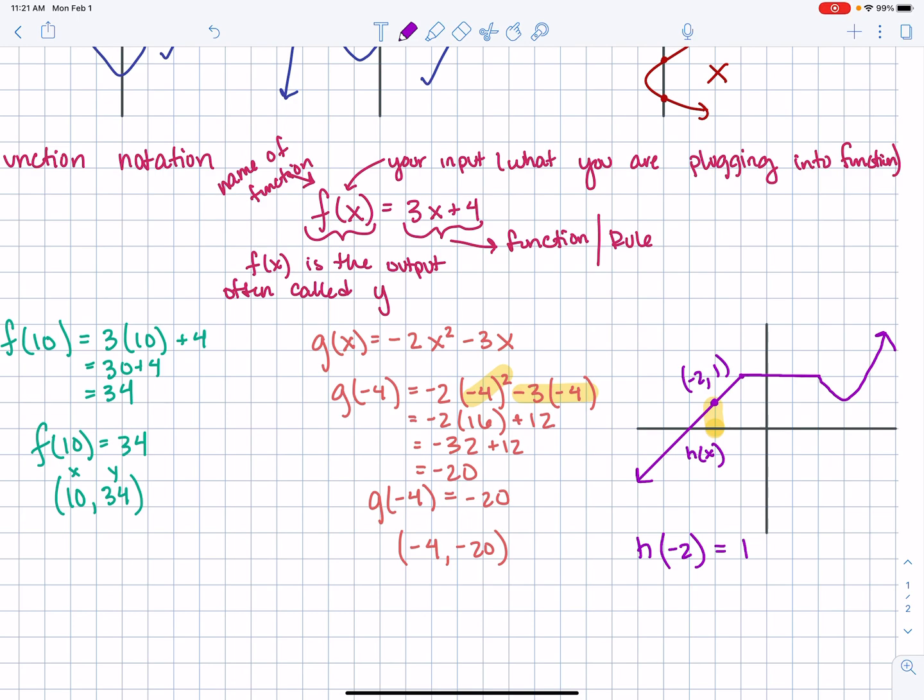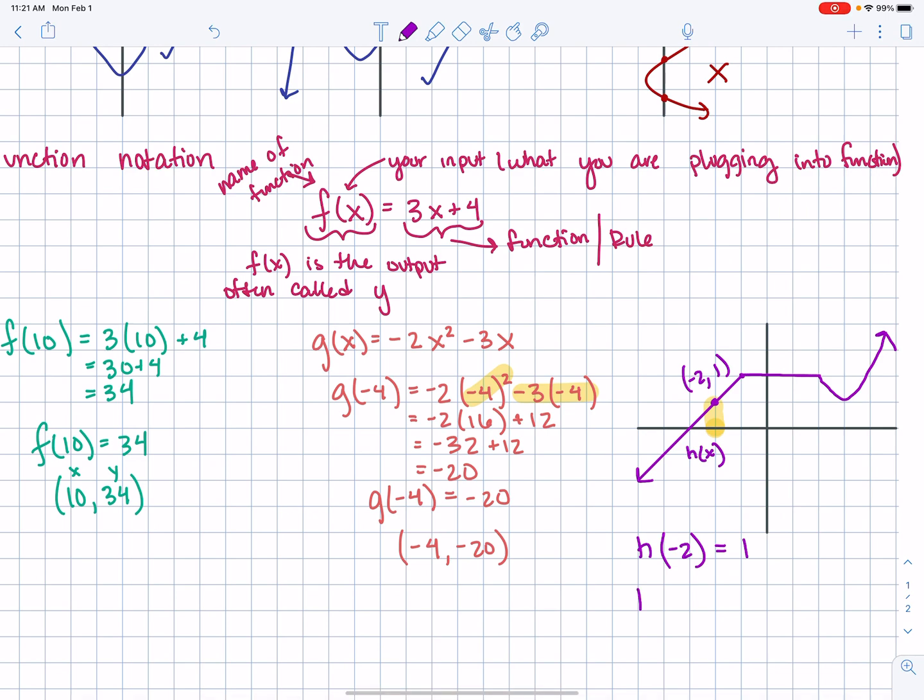We could do that again with what is h of, let's say, 1. That lines up with this point right here, which is 1, 2. h of 1 is equal to 2. This also works for the output.